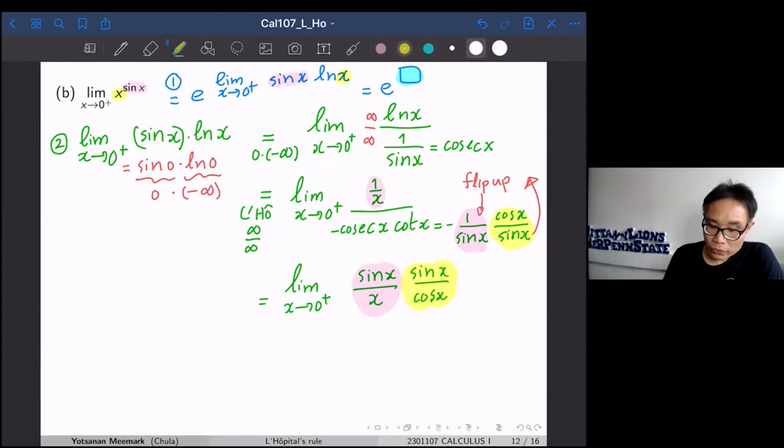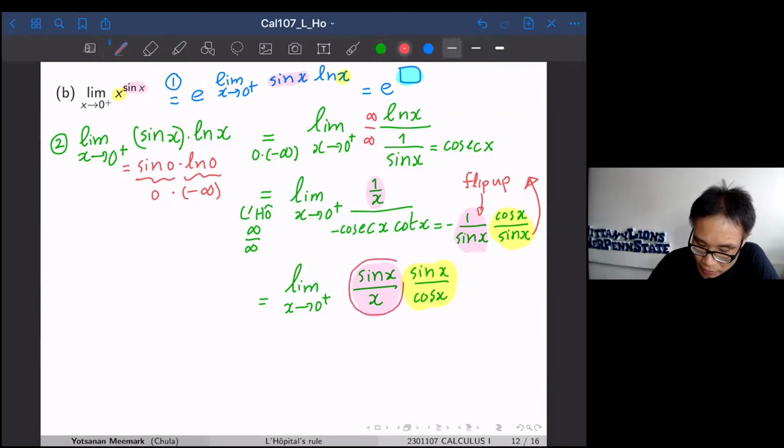In this case, it's gonna turn out to be the limit as x goes to 0 from the left of sin x over x, and you have sin x over cos x. And we learned that this limit is gonna be equal to 1.